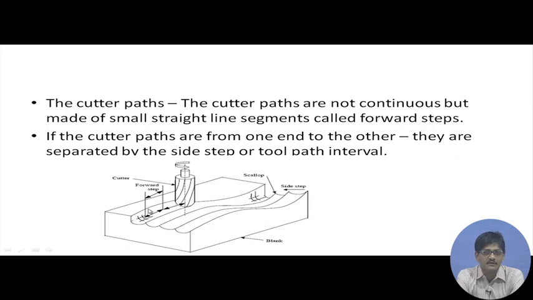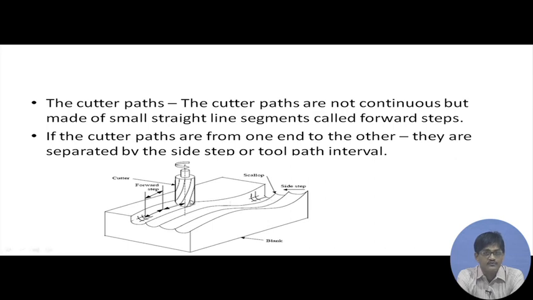So, since we cannot avoid it, we put some nomenclature for that and identify the ways in which we can reduce these undesirable features on the surface. For example, this one is called the forward step. What is this? It represents those straight line segments by which the cutter approximates the curvilinear path. The cutter, while moving from this side to that side, does not exactly move along a continuous curve.